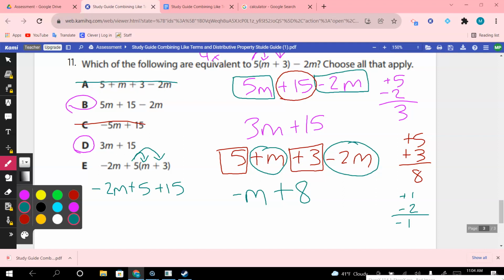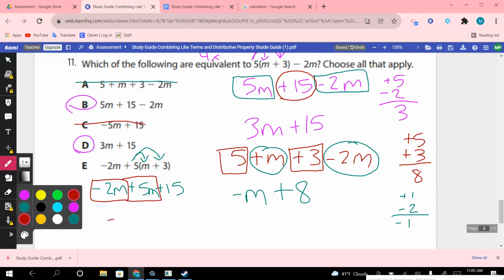Wait. No, it's not. That's not the same. Oh, I missed an m. There we go. That m was supposed to be there. Okay, so now it's the same because we have the plus 15 that we needed, and then negative 2m and positive 5m, different signs.